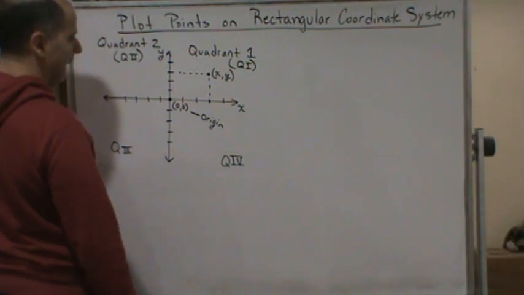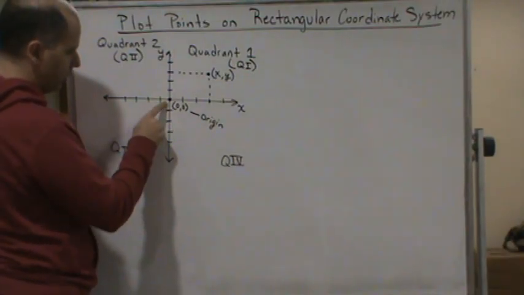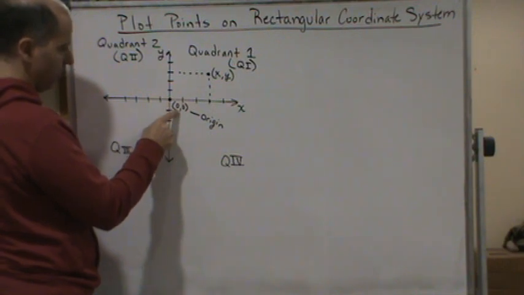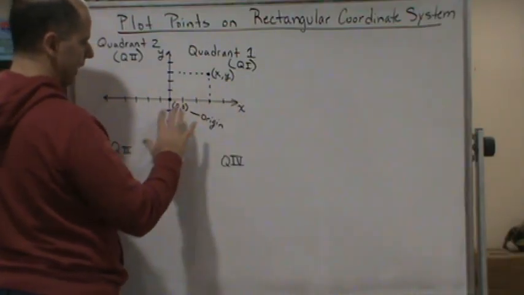And then we have the origin. The origin is where the two axes intersect, so that's (0, 0). Then we count how many units in each direction.